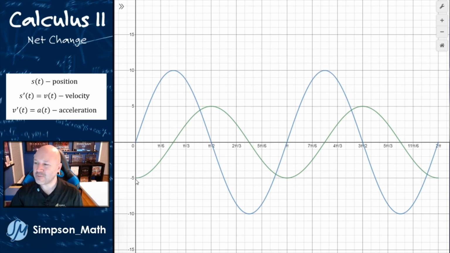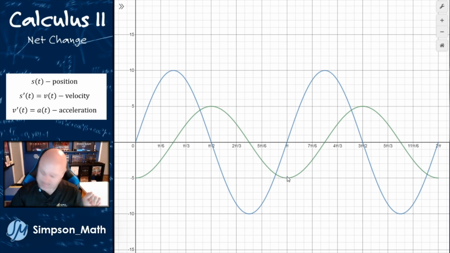Notice the green function is moving in that positive or increasing manner. Then from pi halves to pi, the velocity function, which is blue, is all below the x-axis, meaning the position function is now falling, or going in reverse. Good. Okay, what were we talking about?